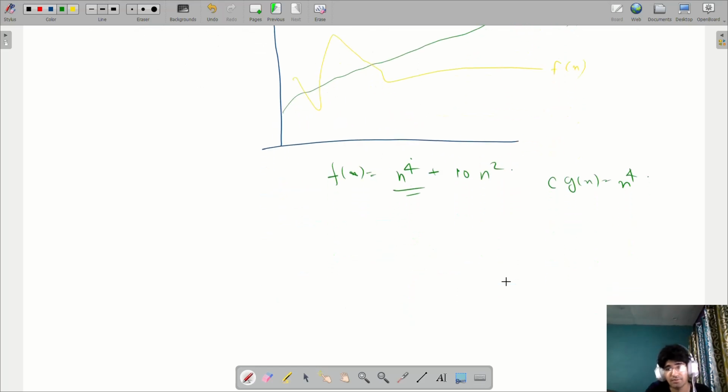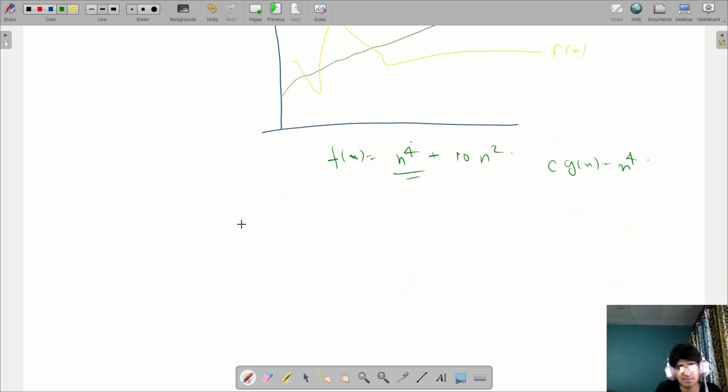Technically, O(g(n)) can be defined as f(n), such that there exists a positive constant c and also an n naught, such that f(n) is greater than 0, but it's always going to be less than c g(n) for all values of n greater than or equal to n naught, right?